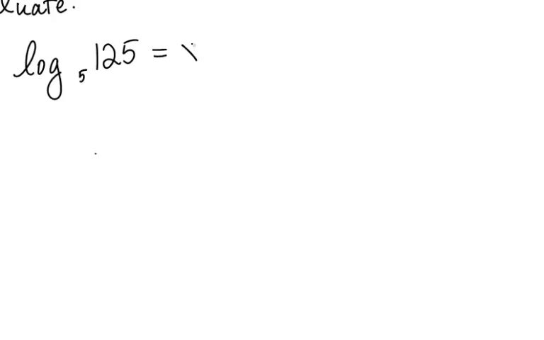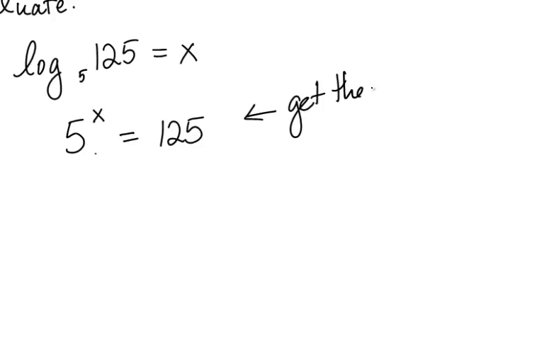I would set that equal to an unknown, set that equal to x. You're in logarithmic form, go to exponential. What's the base? 5. The exponent? A logarithm is just an exponent. So it's 5 to the x power equals 125. And then you've got to get the bases the same.